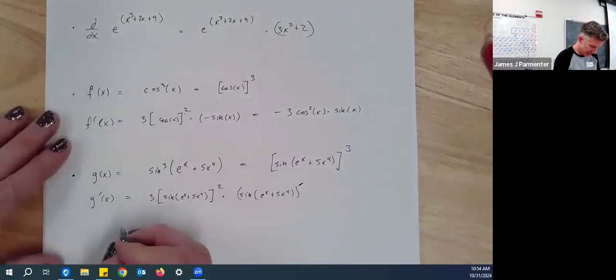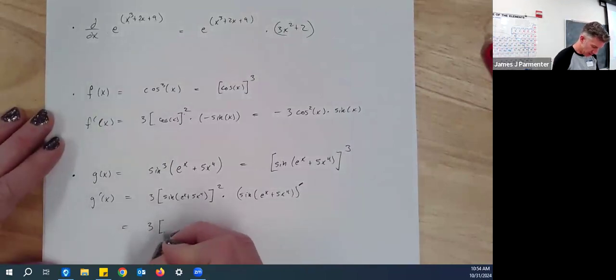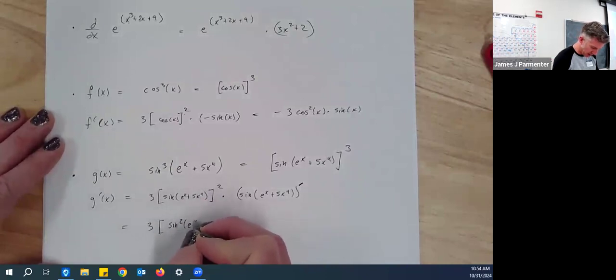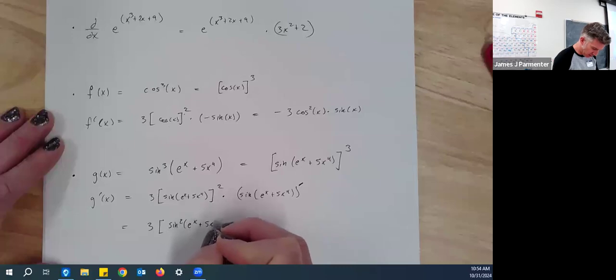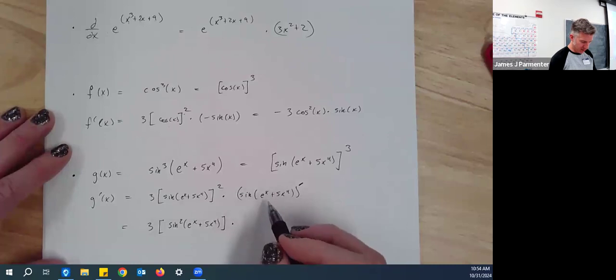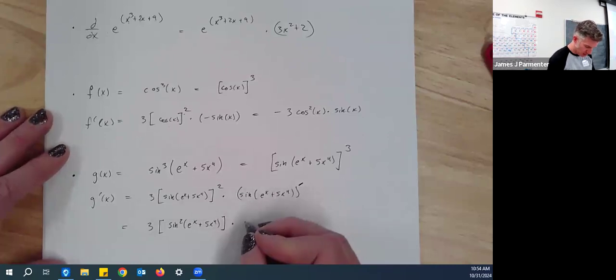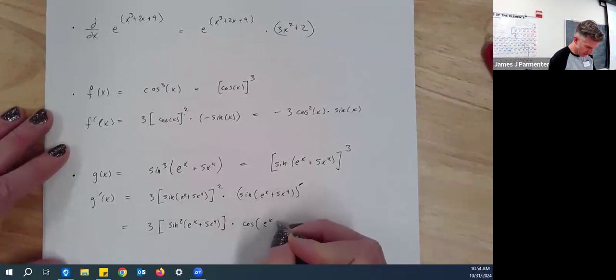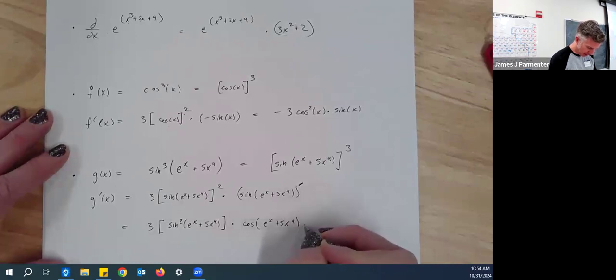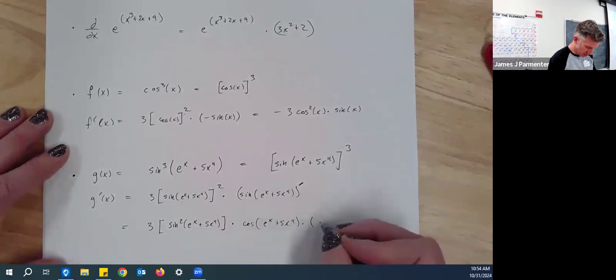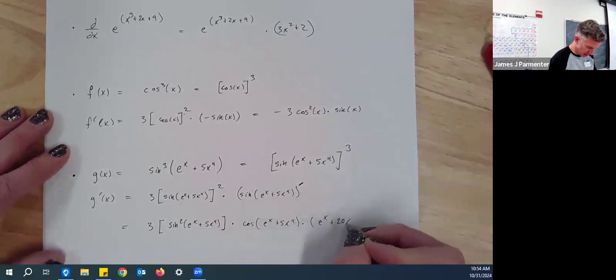So we have 3 times, I'm going to rewrite this as sine squared of e to the x plus 5x to the fourth. I didn't really need the brackets there, but I wrote them. And then the derivative of sine of some new stuff is cosine of that new stuff times the derivative of the new stuff, which is the derivative of e to the x plus 5x to the fourth, which is e to the x plus 20x cubed.